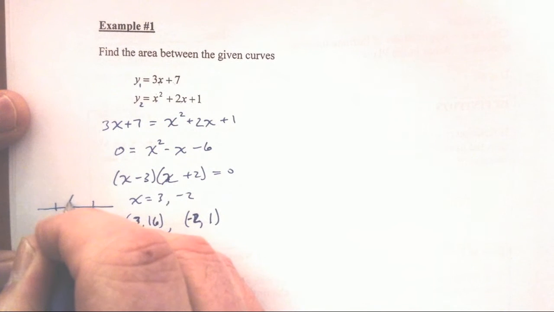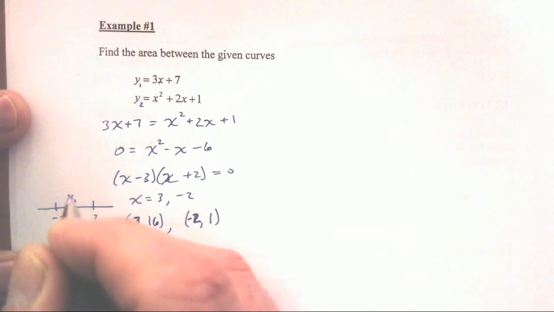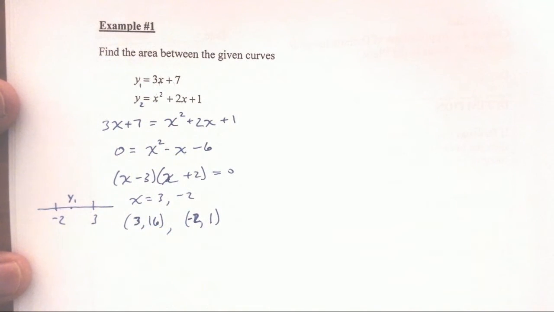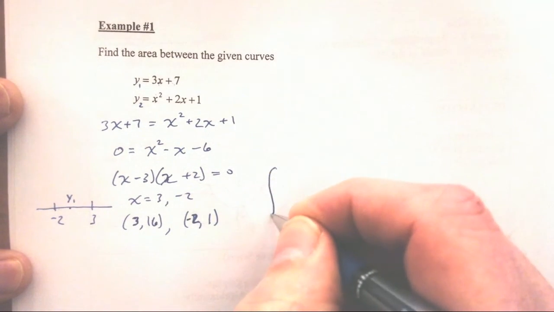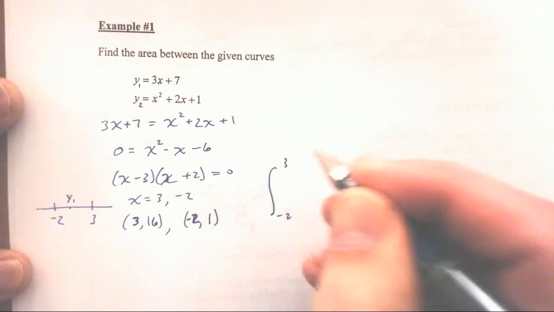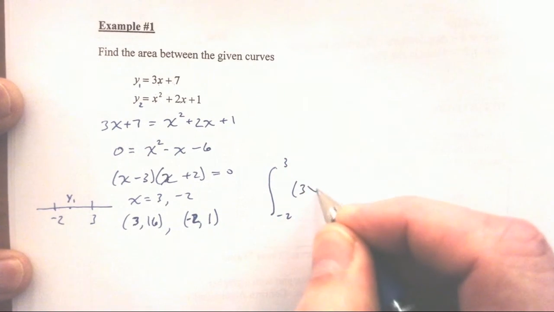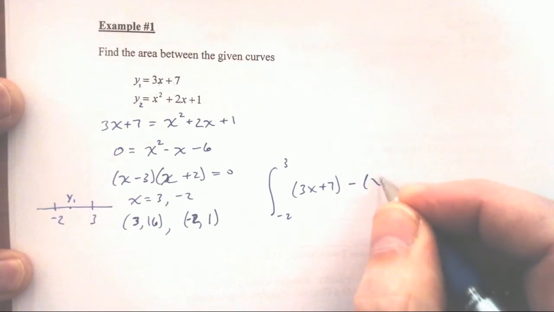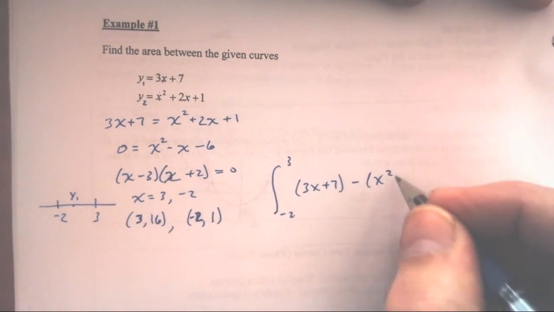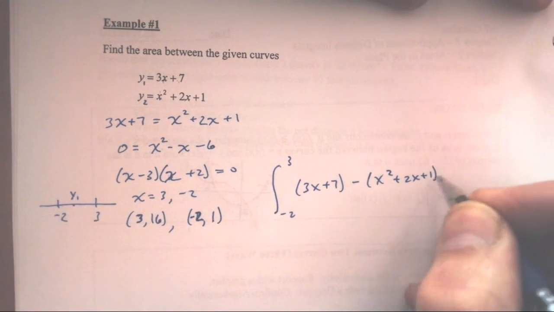So in this interval, y1 is our big function. So I have to find the integral from negative 2 to 3 of y1, 3x plus 7, minus y2, x squared plus 2x plus 1.